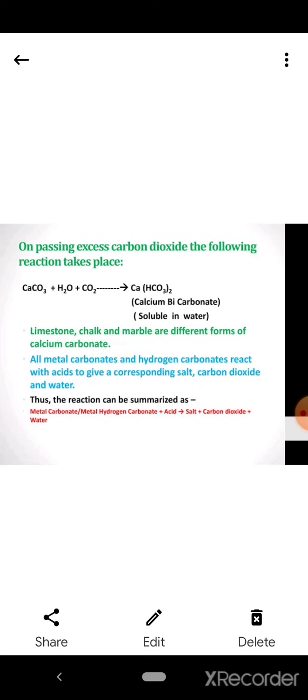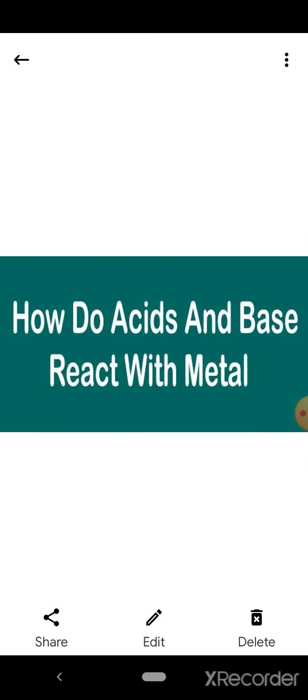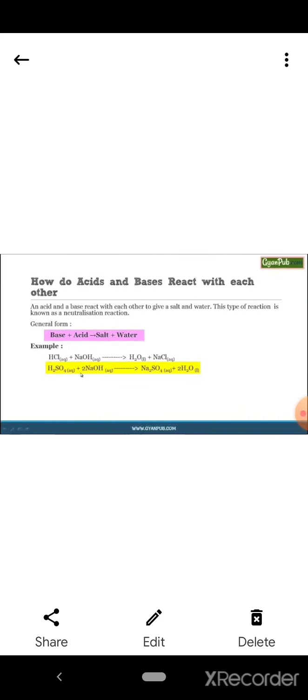Okay. Now we will see how acids and bases react with each other. Now see, here we will consider a small example. In this example, we are taking just 2 ml of dilute NaOH solution in a test tube.